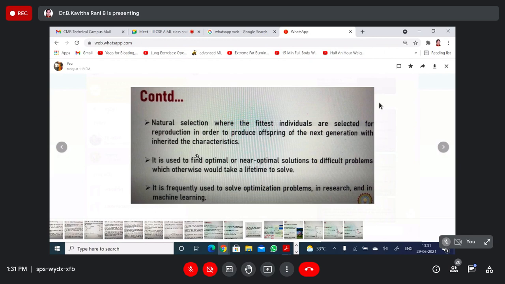So it is used to find optimal or near optimal solutions to difficult problems which otherwise would take a lifetime to solve. So it will give us an optimal solution, or one near to the optimal solution, for different difficult problems. It is frequently used to solve optimization problems in research and in machine learning.